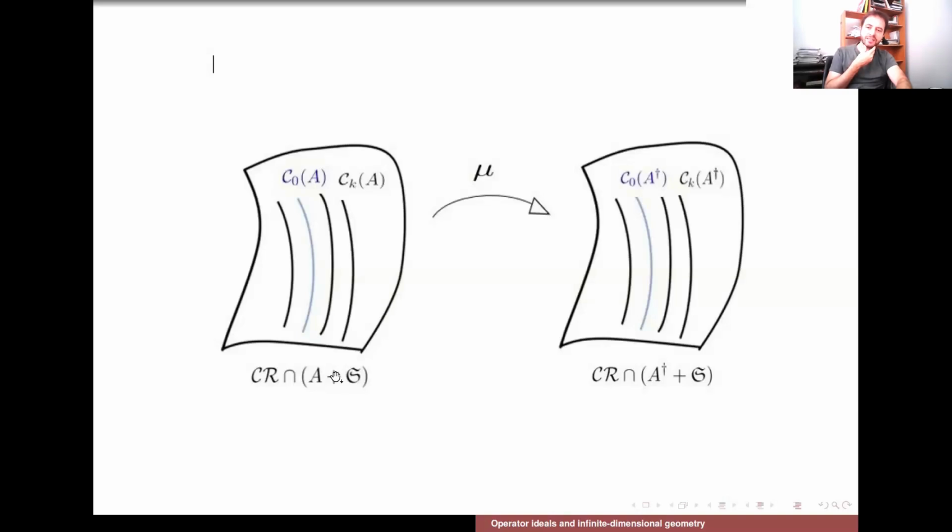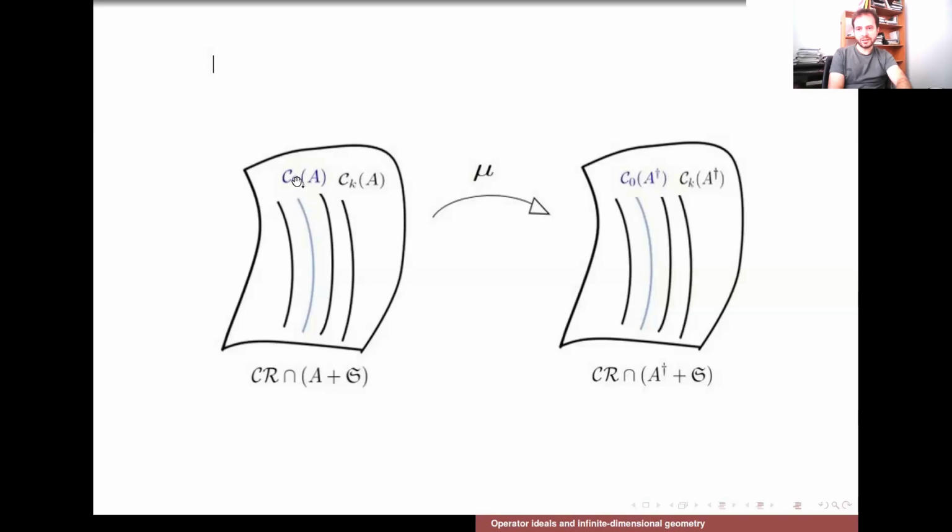We can imagine that this set is decomposed by these lines. These lines represent our orbits. I put the blue color here for the orbit C0.